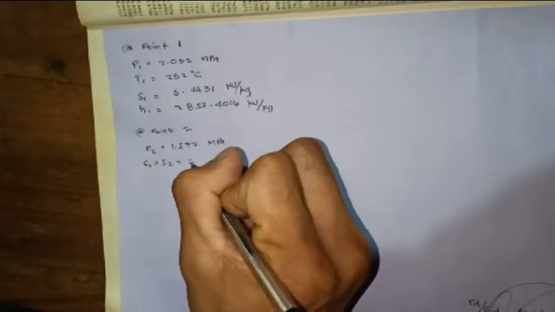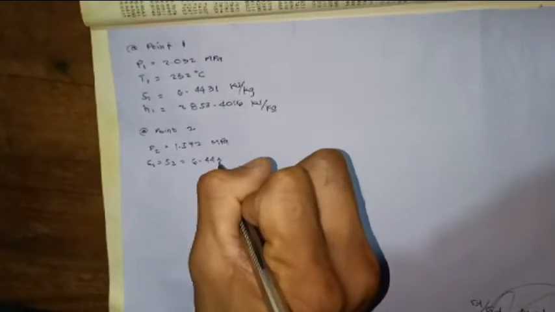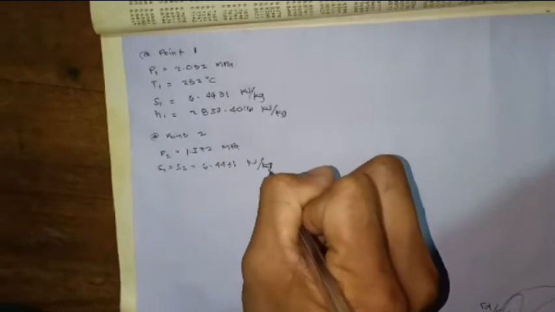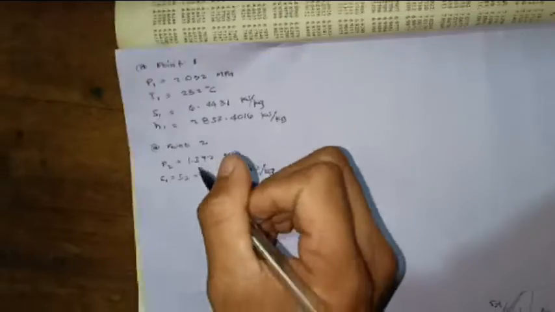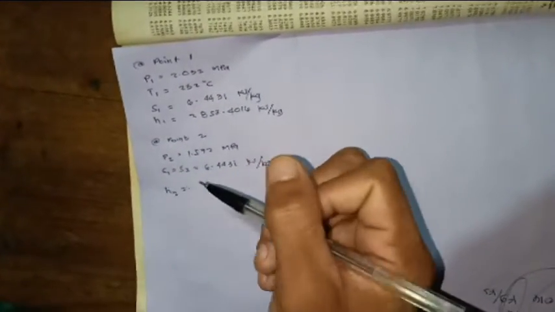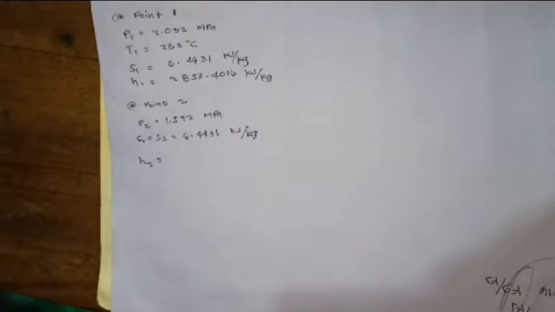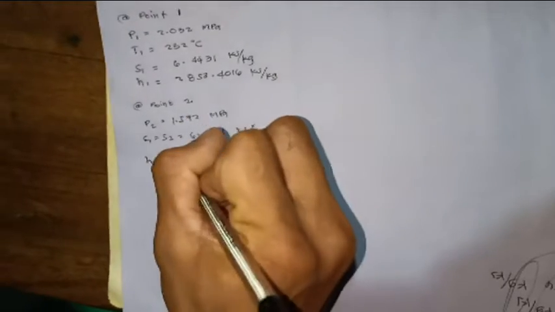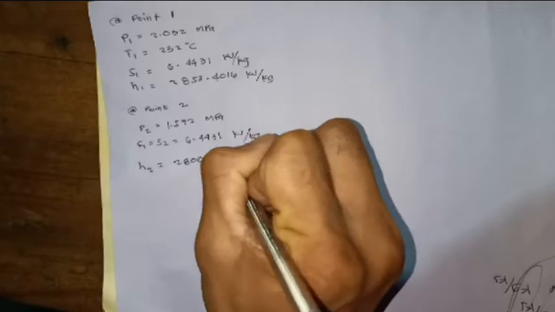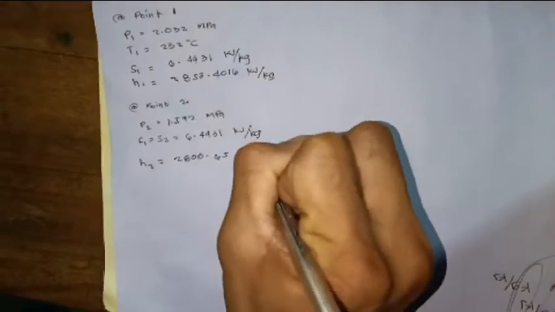So we have 6.4431 kilojoules per kilogram K. To get the H2, we use the interpolation process. So let's consider that we already know how to use that. So H2 is equal to 2800.65 kilojoules per kilogram.